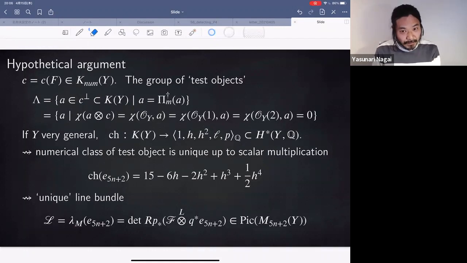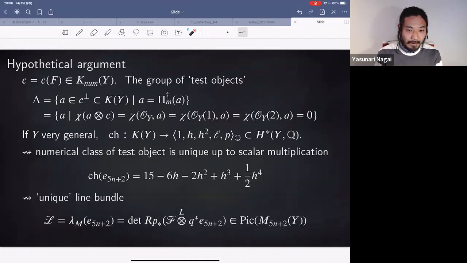So this agrees with this hypothetical guess that we only have one choice of line bundle, which should be given as a pullback from the symplectic manifold.